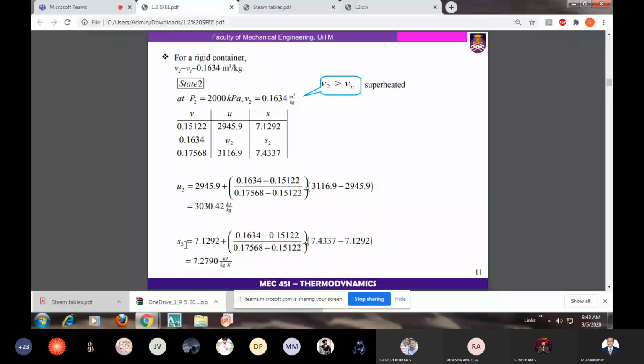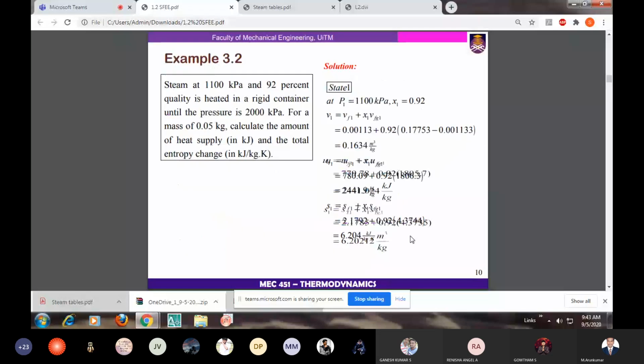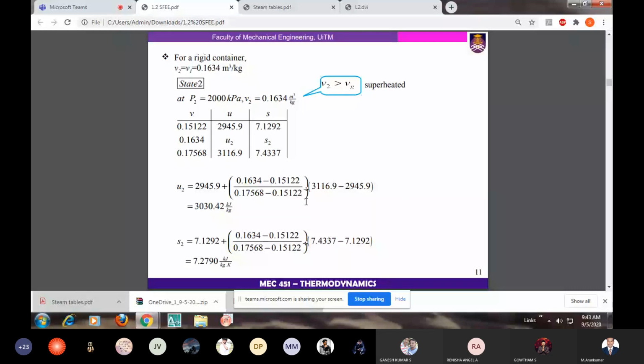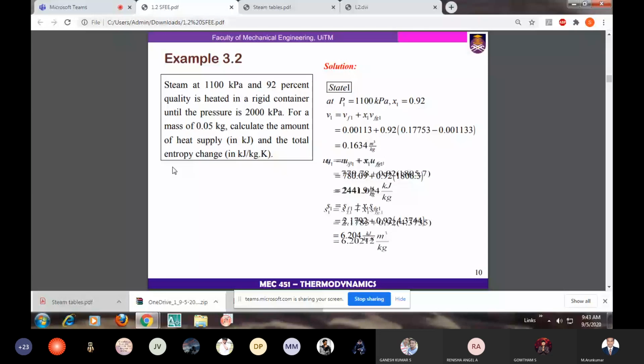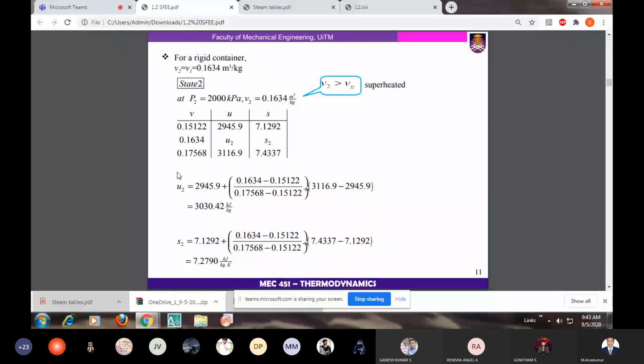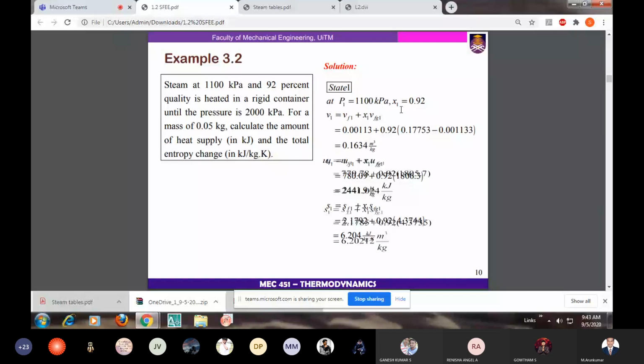If you want to practice how to interpolate and how to use the steam table, just go through this problem one or two times, then you will have a much better understanding. So the thing is, we want to find these values. We have the pressure P1, and we have x1, and we have to find these three values.